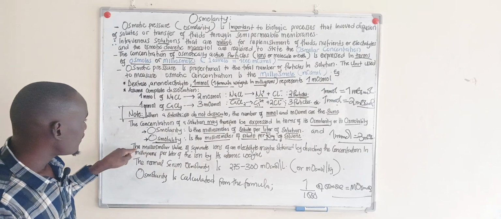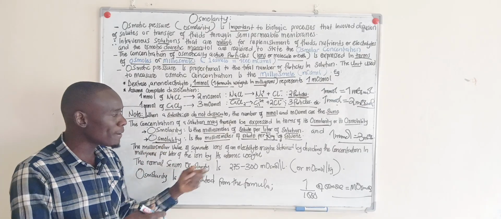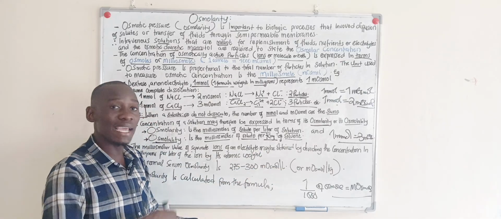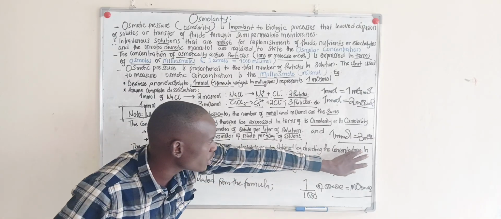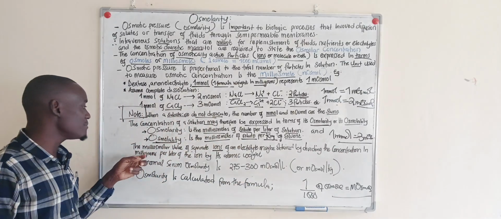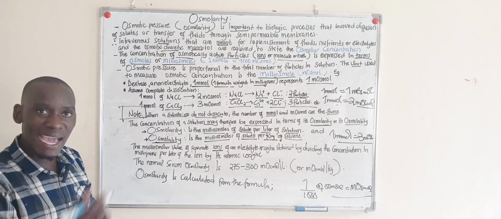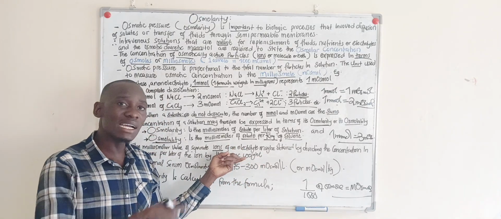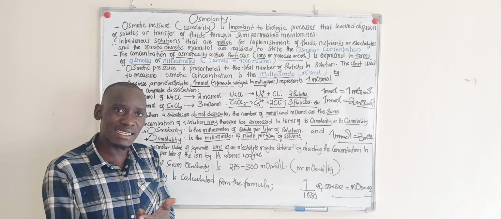Therefore, the mOsmolar value of separate ions of an electrolyte may be obtained by dividing the concentration in milligrams per liter of that ion by its atomic weight. We shall look at this when we look at our first example.